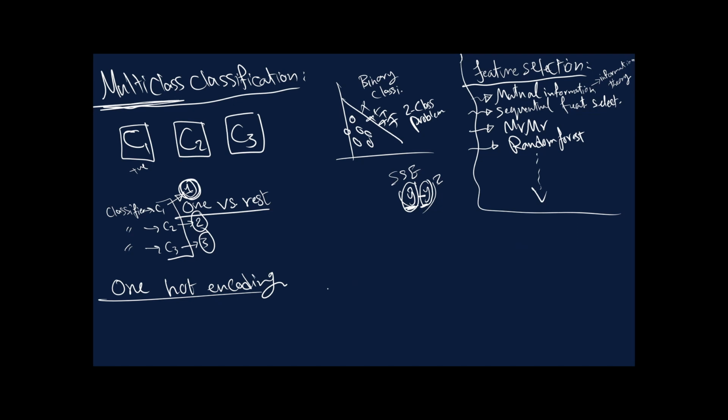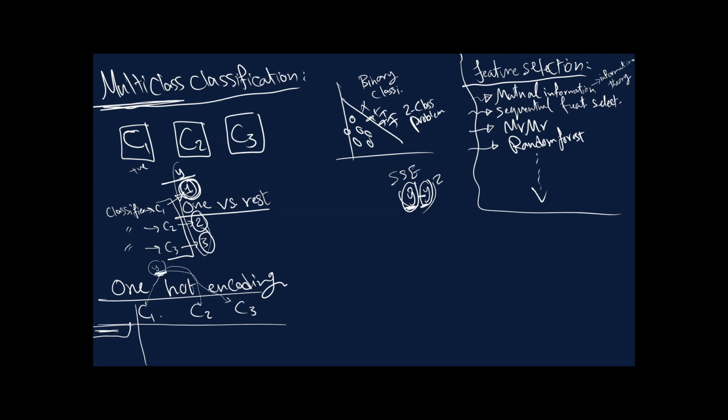Okay, one hot encoding means that if you have your 3 classes and you know that the true label of the first sample that you have is C1, you can encode this value with the number of classes. So instead of having one value representing y, which could take different values, we would have a number of values equal to the number of classes that we have.